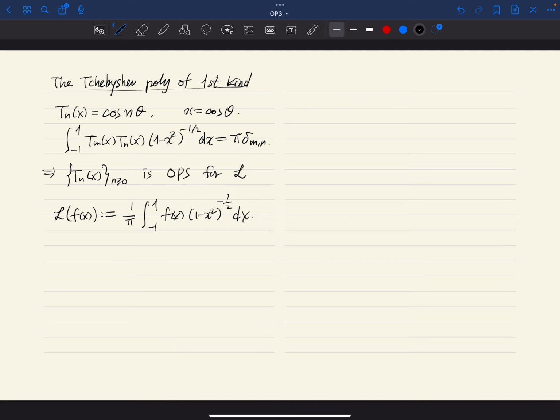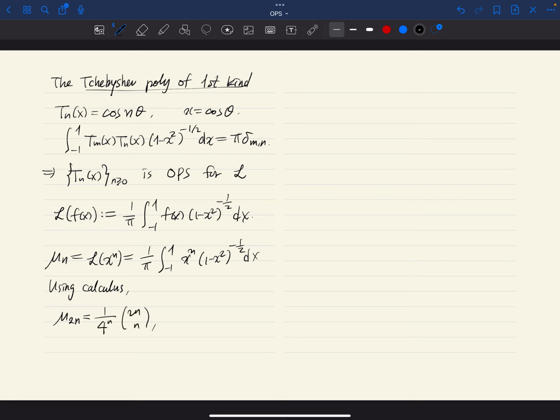And what is the moment? The moment is L of x to the n. So it's 1 over pi, integral from minus 1 to 1 of x to the n times (1 minus x squared) to the minus 1 over 2 dx. Again, if you compute this using calculus, we can prove things like this: 0 for odd n, and 1 over 4 to the n times 2n choose n.